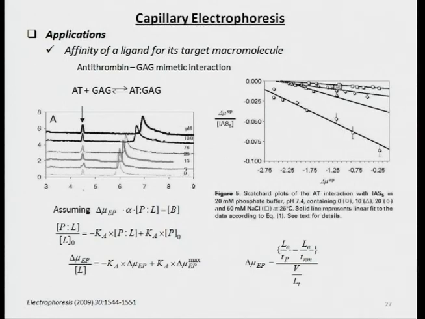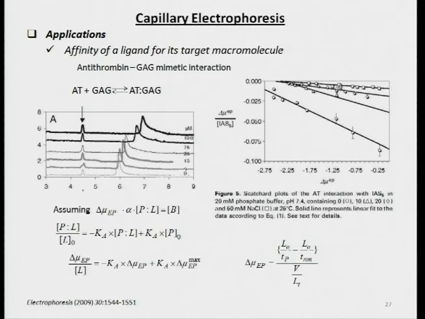As you keep increasing the GAG, the position of antithrombin changes. So this is still antithrombin, which is in equilibrium between the free form and the bound form, and because of that there is a change in the position. So the migration is changing because of the presence of the GAG.